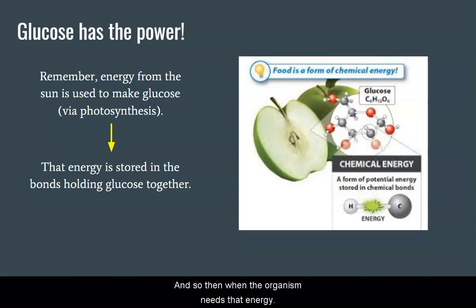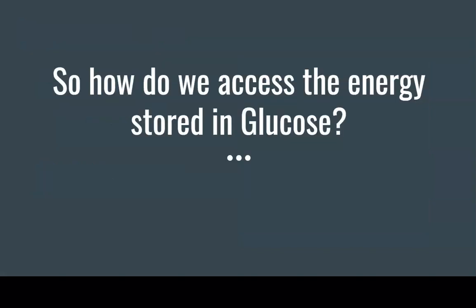And so then when the organism needs that energy, it can actually utilize it. And that's the trick, right? How do we actually access that energy that's stored in glucose? Because even plants, if they make it, they still have to utilize it. And us as people, we can't make it. We have to eat it.